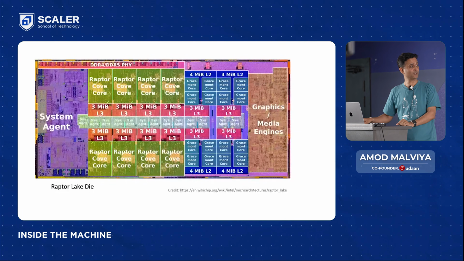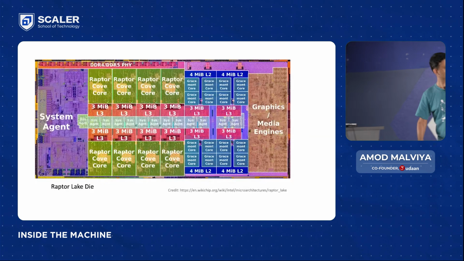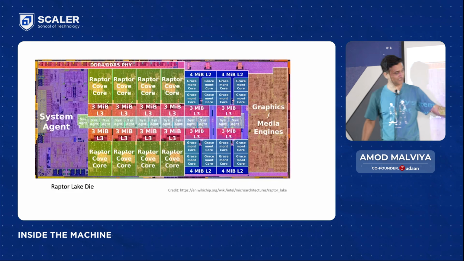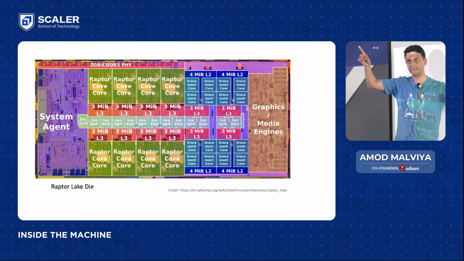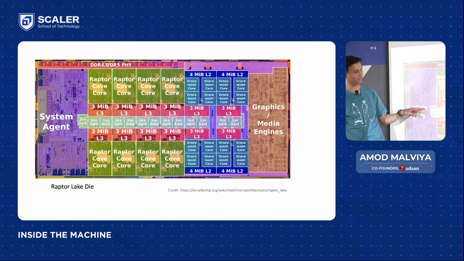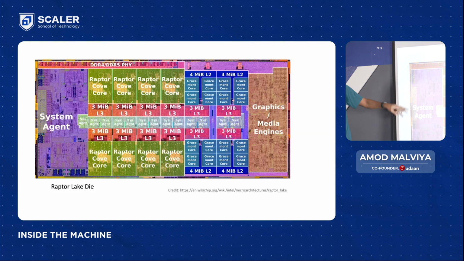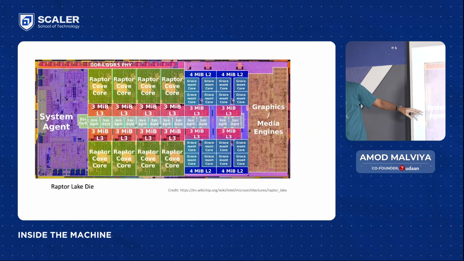This is what a die shot actually looks like. These are cores. Just like the interconnect between processors, there's an interconnect between cores. It's called a ring bus in the case of Intel. Here would be your PCI Express physical links, your memory links, and your memory controller sitting here.